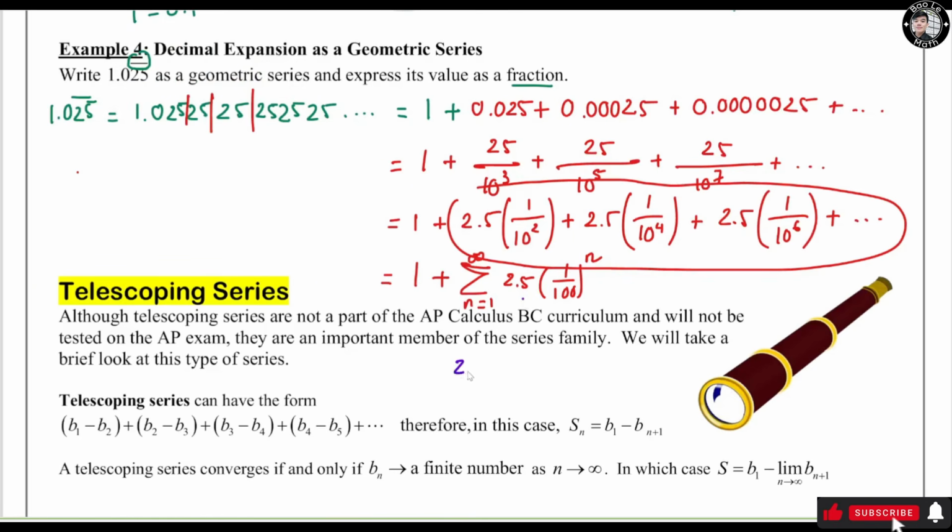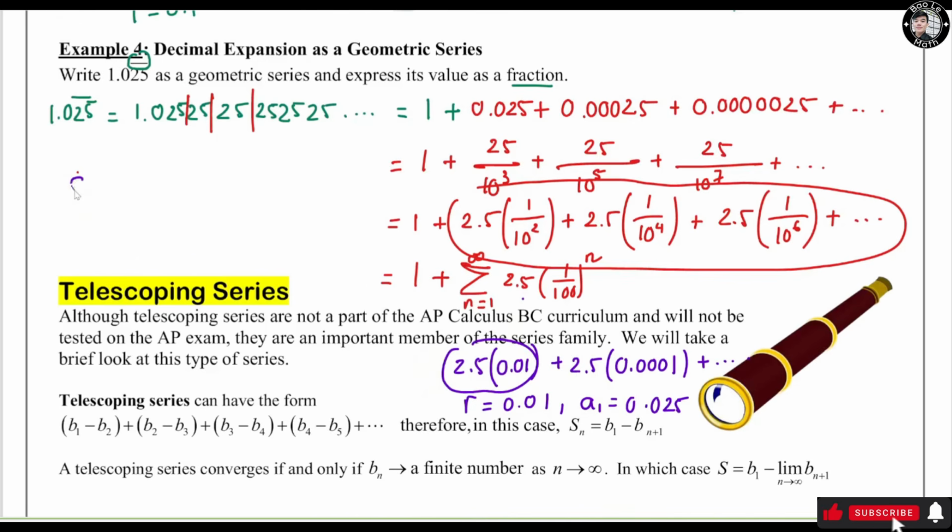So when n equals 1, you have 2.5 times 0.01, plus 2.5 times 0.0001, plus etc. So you see that the common ratio is 0.01, and the first term a1 equals 0.025. If you multiply this one, it's actually 0.025.